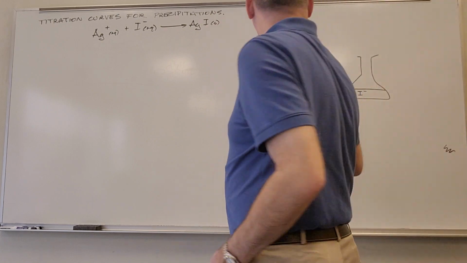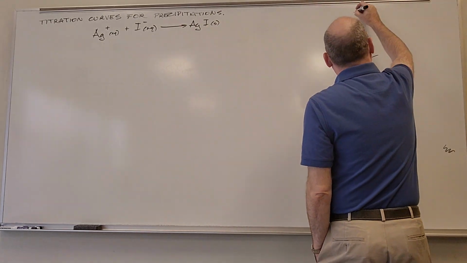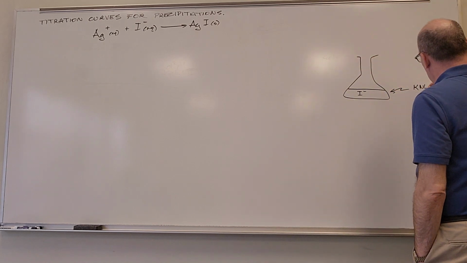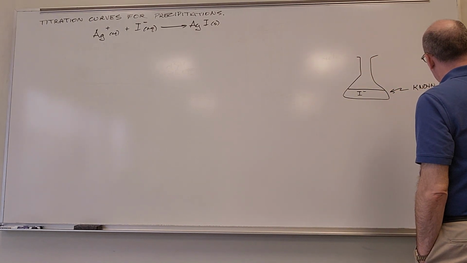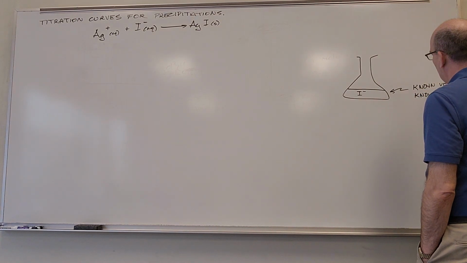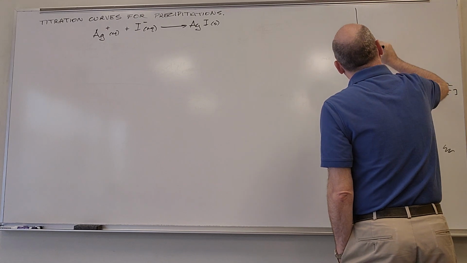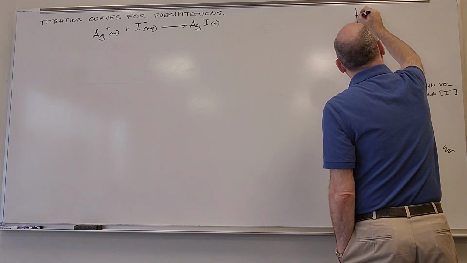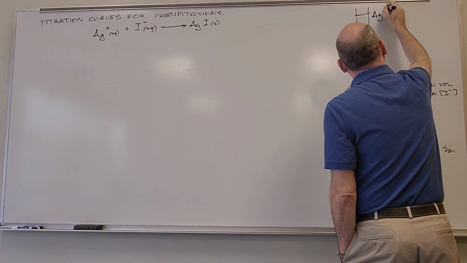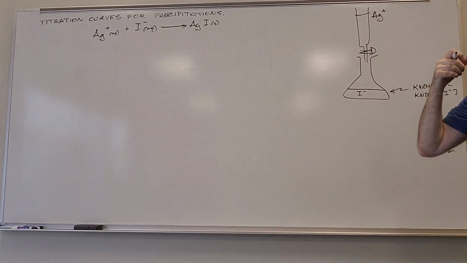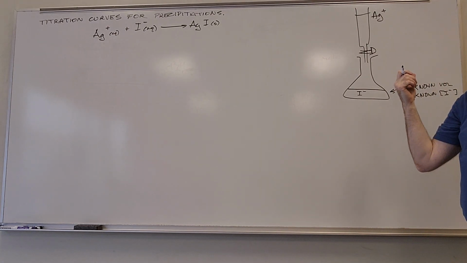Okay. So I've got my iodide in here, and I would take a known volume and a known concentration of iodide. And then I would put the silver nitrate into a burette, and I'd know its concentration.